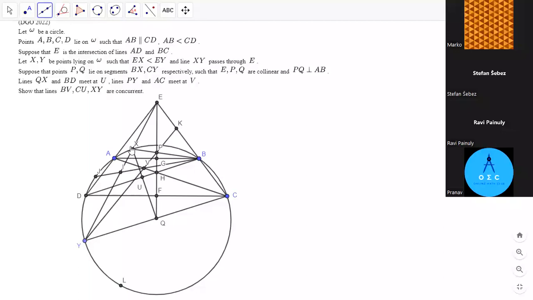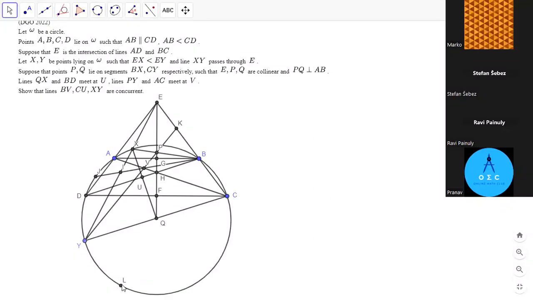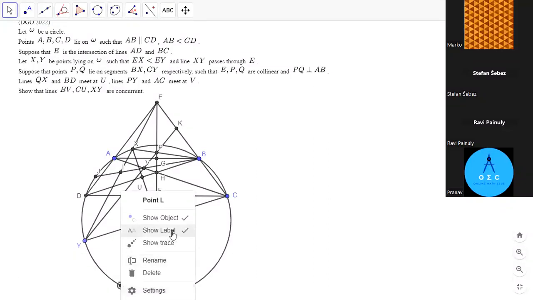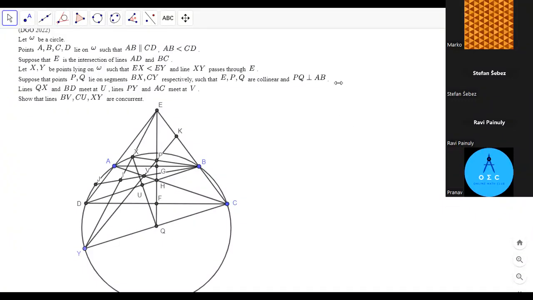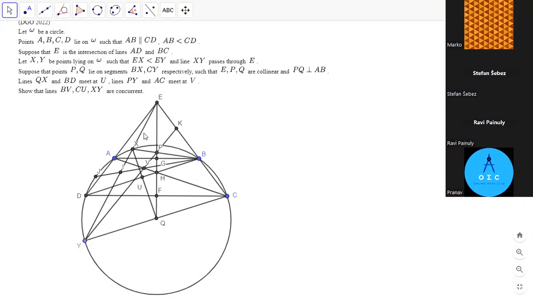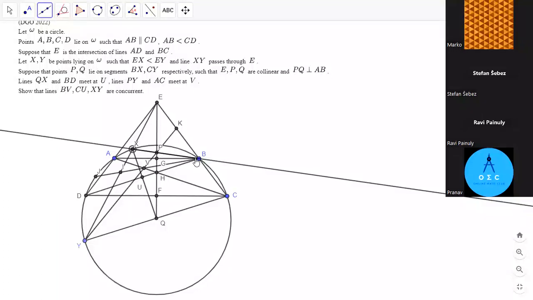Yeah, we still have to prove they're perspective, right? So we would need to see where these intersect.